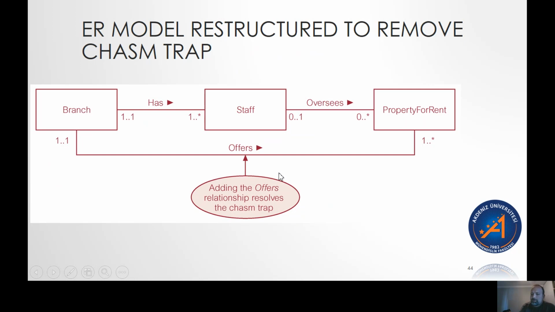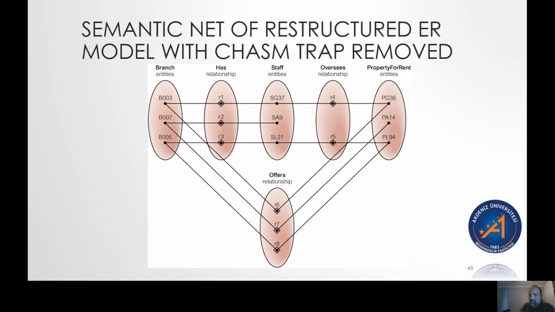Okay, so here the semantic net looks like this, where now branch has staff that oversees the property for rent, and branch offers this property for rent. Notice one thing, I'll just give you a heads up for the future.